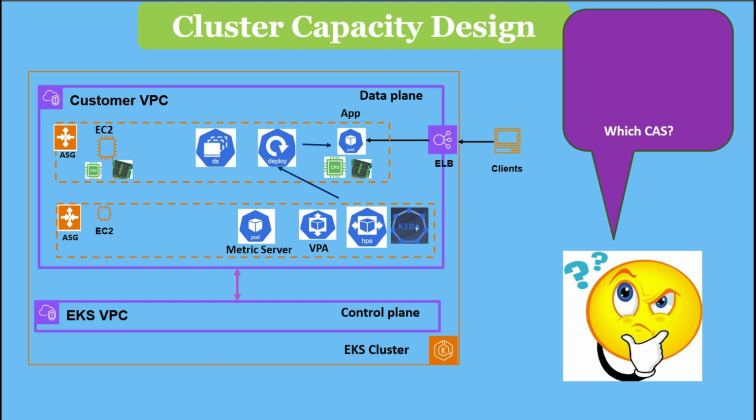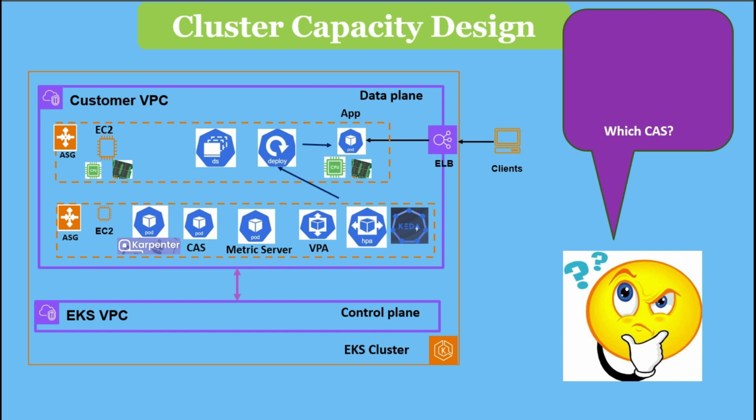Then we need to decide on the scaling solution for the nodes, which is the cluster autoscaler solution. There are many options available. For example, you can use a Kubernetes open source component called cluster autoscaler, which is common across all the clouds, a cloud agnostic solution. It works based on node groups.